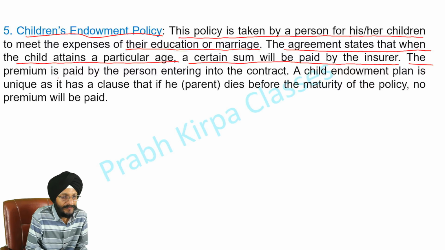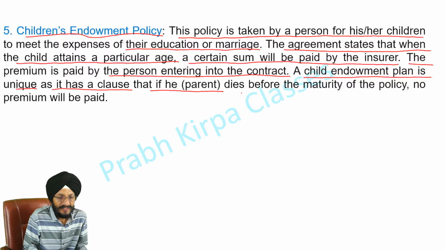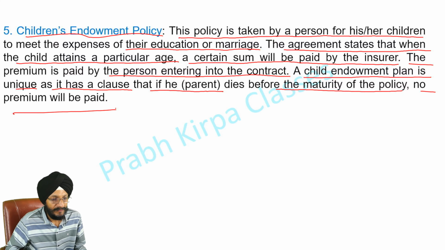The premium is paid by the person entering into the contract. A child endowment policy plan is unique as it has a clause that if he, that is the parent, dies before the maturity of the policy, no premium will be paid.